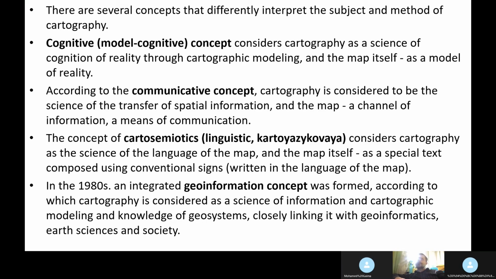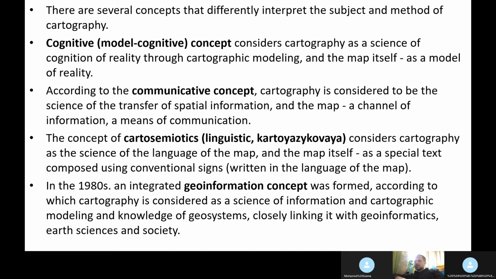First of all, the cognitive or model cognitive concept that considers cartography as a science of cognition of reality through cartographic telling, and the map itself as a model of reality.